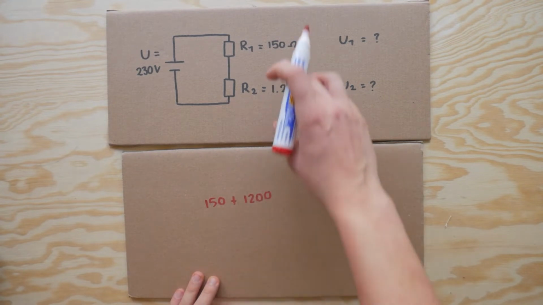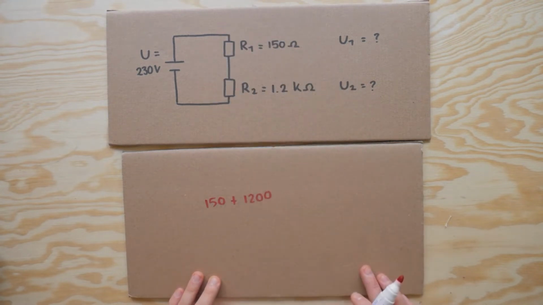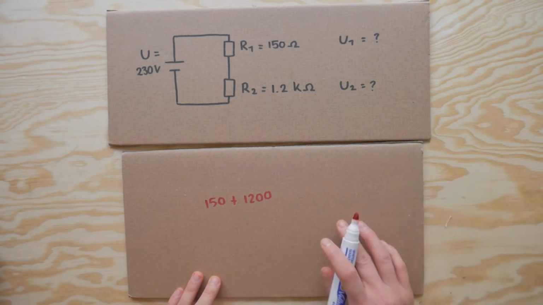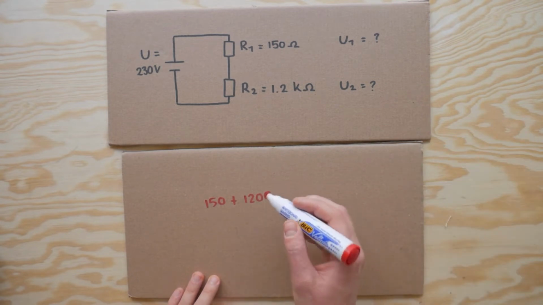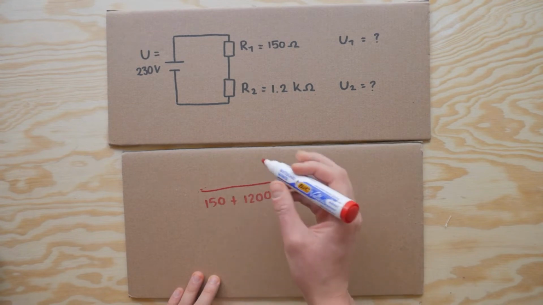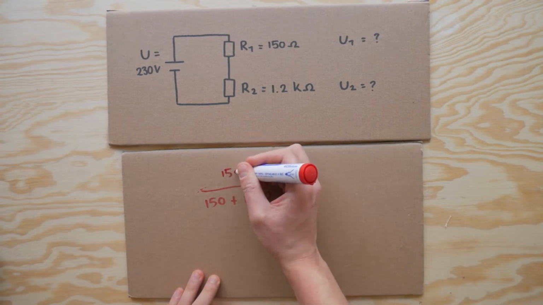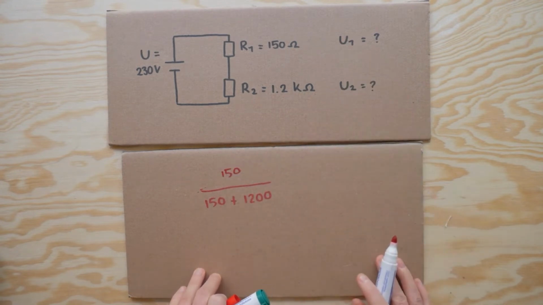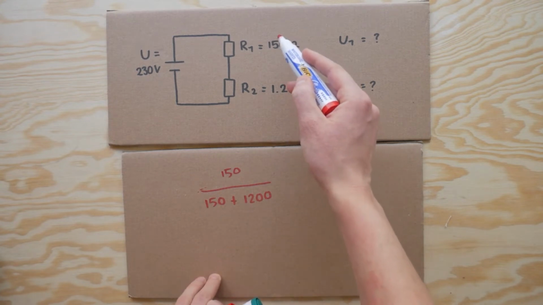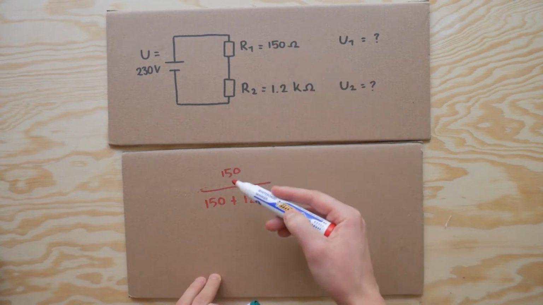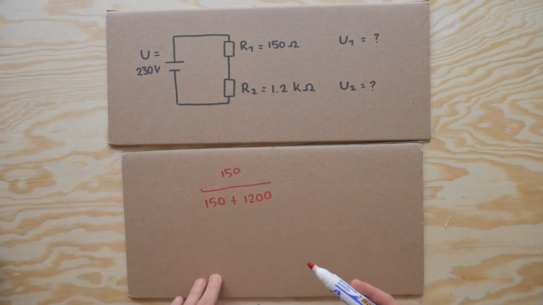The total resistance of the circuit there, the equivalent resistance, if you will. Now, if I take 150 and divide by that total, then I will know how much 150 is of the total. So I'll have a fraction of that.